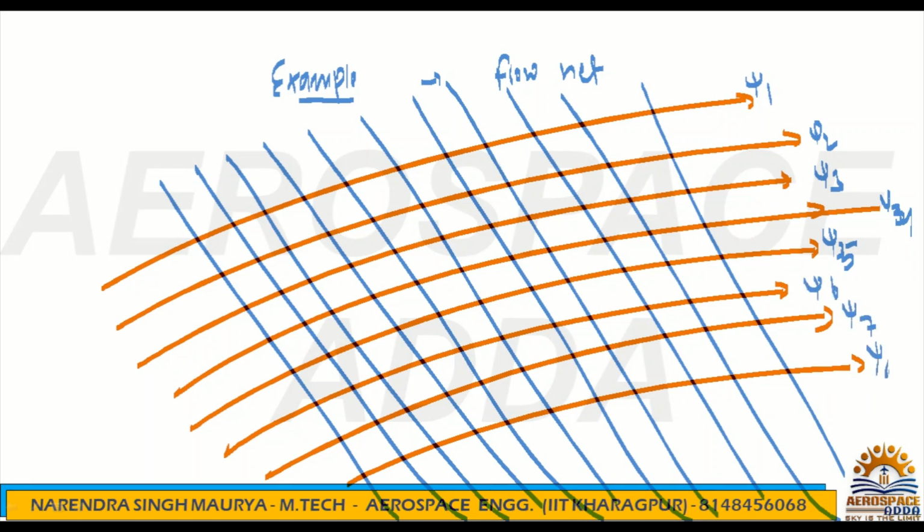Already I had explained. So this flownet is a grid made by a series of streamlines as well as equipotential lines, and it is used to analyze 2D flow, irrotational flow, but it should be 2D. So this part is done.